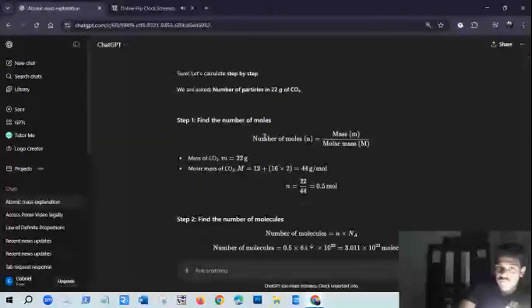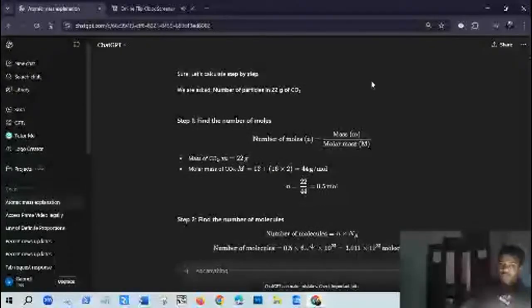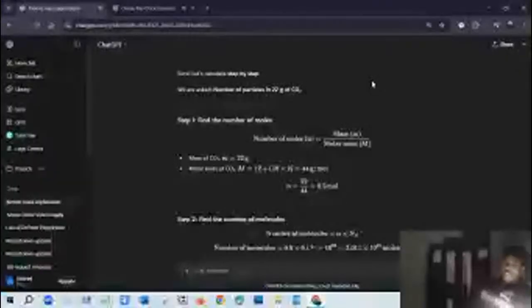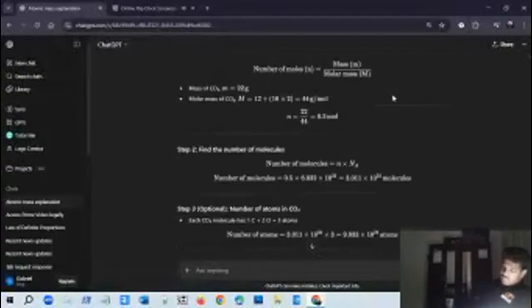Number of moles: mass is 22, molar mass is 44, so 1 by 2, 0.5 moles.